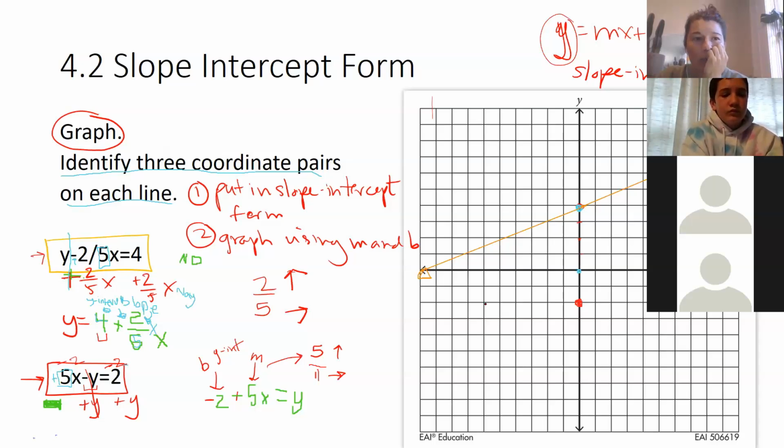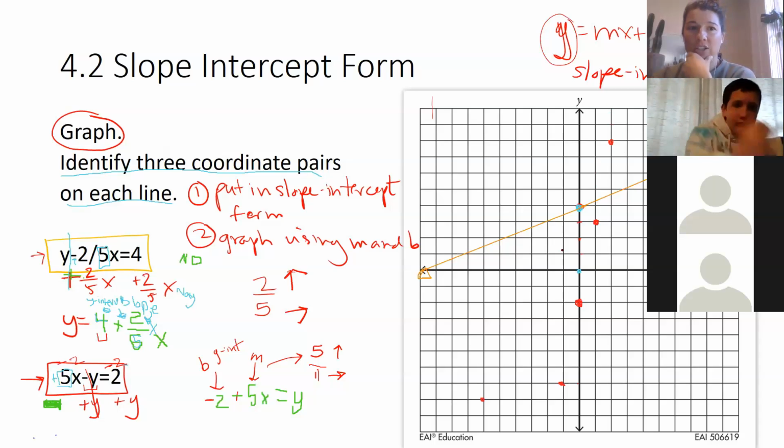Gosh, you guys are on it. All right, so someone please go to the right to find the next coordinate pair. Someone go to the left of our y-intercept to find some more coordinate pairs. Nice. 1, 2, 3, 4, 5. Good, you guys are fast. All right, throw in that straight line. And what's going to go on both ends?